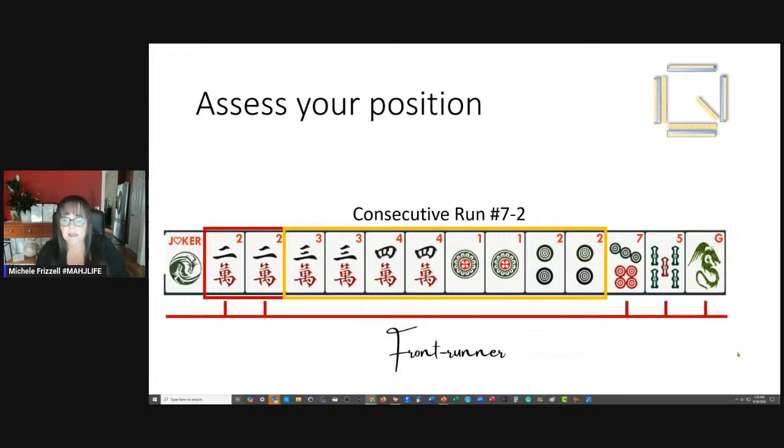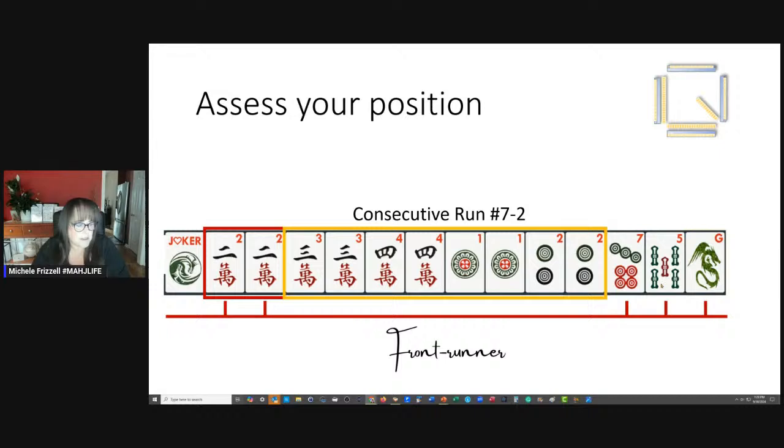With all those things in mind, you can assess your position. The whole purpose of doing that is to determine the level of risk you can take when playing the game. If you are a front runner, push to win regardless of risk. If you are a contender, take a moderate risk approach. If you are an underdog, take a low risk approach until you have a stronger hand.